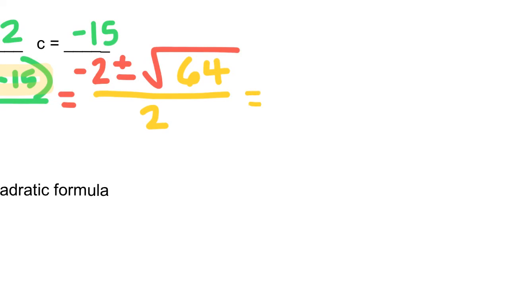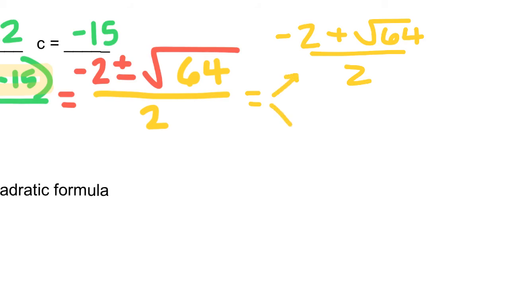So we're going to have two answers here. We're going to have negative 2 plus the square root of 64 over 2, and that will give us one solution, and we'll have negative 2 minus the square root of 64 over 2. That's what that plus and minus means right here.